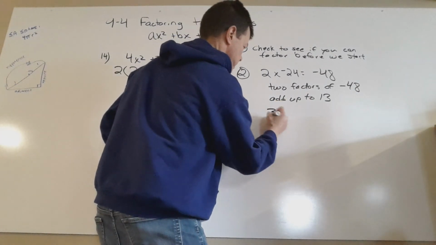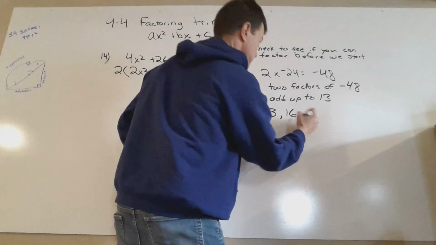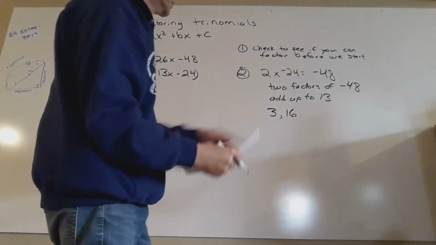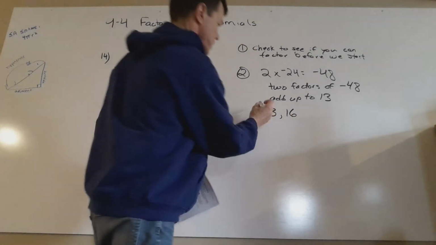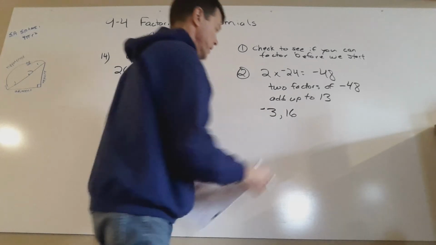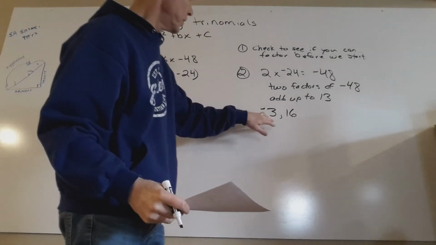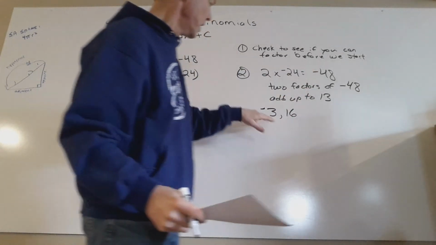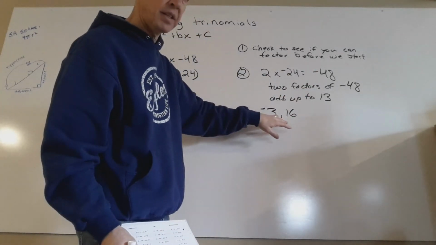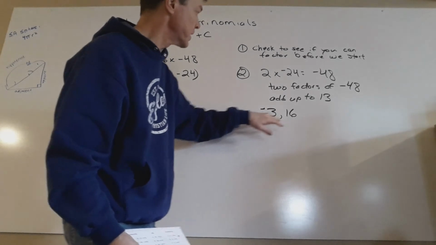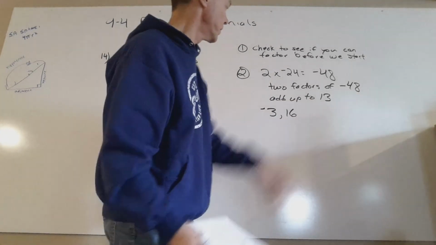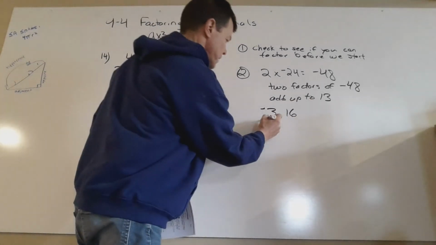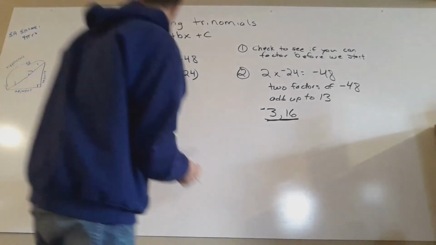So our factors, 3 and 16. One of those needs to be negative. We want negative 3. Negative 3 times 16, multiply those together, it's negative 48. Negative 3 plus 16, add those together, and it's positive 13. So those are good. That's what we're going to use in our middle term.